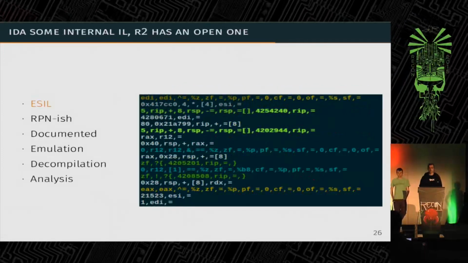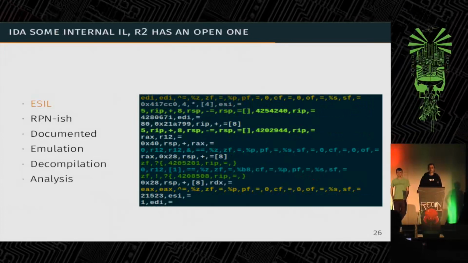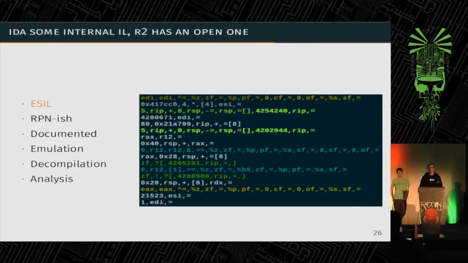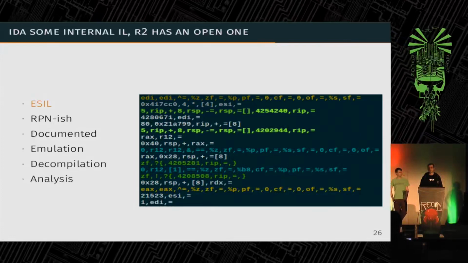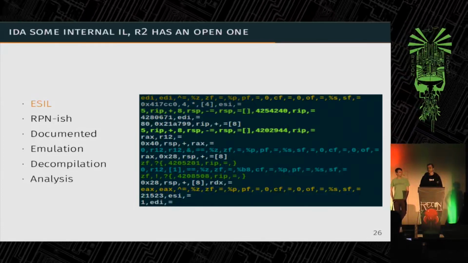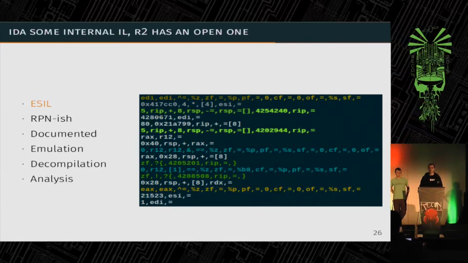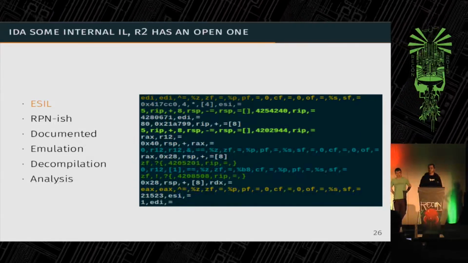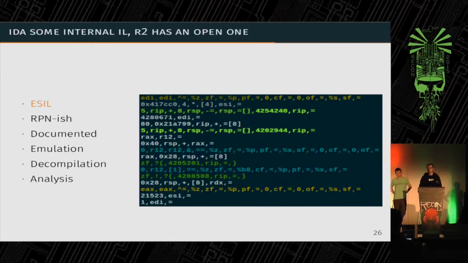There is an internal representation language in IDA and also in R2. It's called ESIL. It stands for Evaluable Strings Intermediate Language, something like that. It's RPN-ish, so it's awful to read, but it's documented and it's easy to write and to parse.